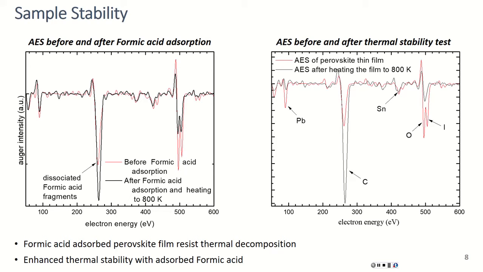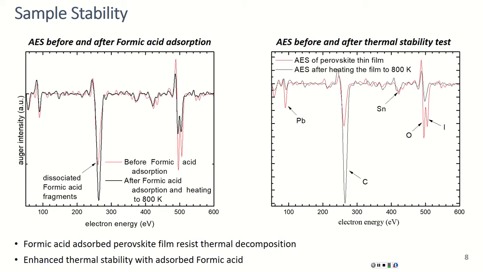You also compare spectra when carbon dioxide is filled into the chamber. With the carbon dioxide also, we have decomposition of perovskite, but the temperature is somewhat lower than with the formic acid.